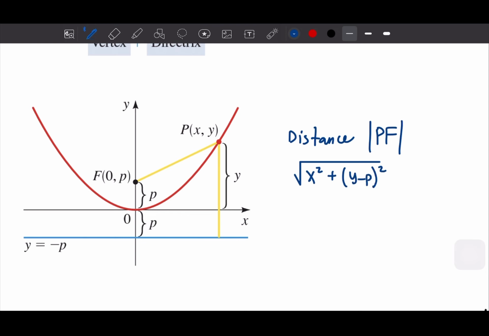Okay, that's the distance. And then the distance from P to the directrix, the line, is going to be y plus p, right? We just add this y and then p.